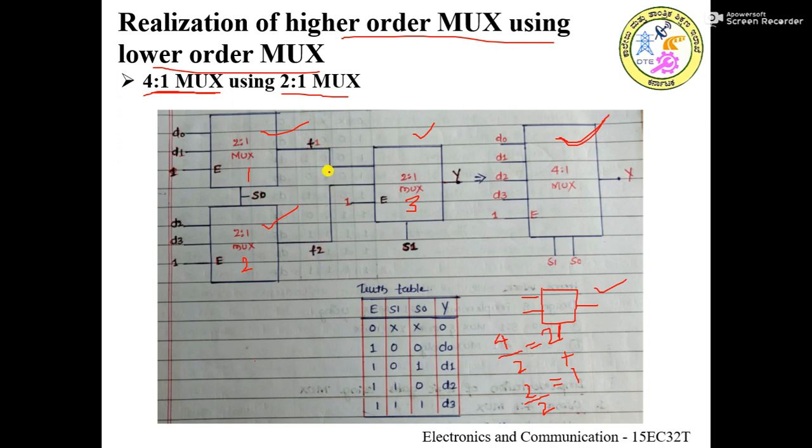So these two are connected as inputs to the third 2:1 mux here, and finally we will get an output from the third 2:1 mux, which is nothing but Y. So if you see the logic symbol here, it needs 4 inputs, D0, D1, D2 and D3, and it has got only one output, that is Y.